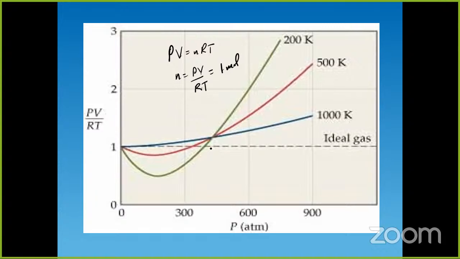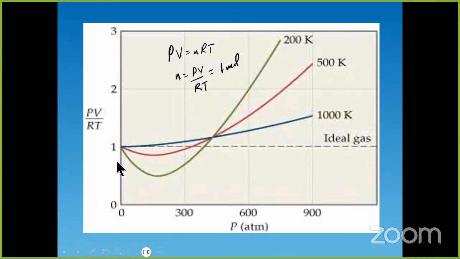This dotted line shows you the plot for an ideal gas. As the pressure changes, the other variables change such that in this equation it stays equal to 1 mole. That's what the dotted line represents. The other curves you see here are for real gases at different temperatures.